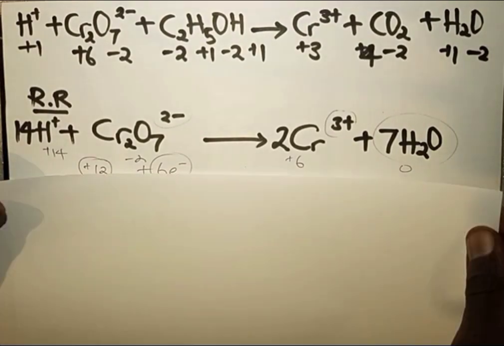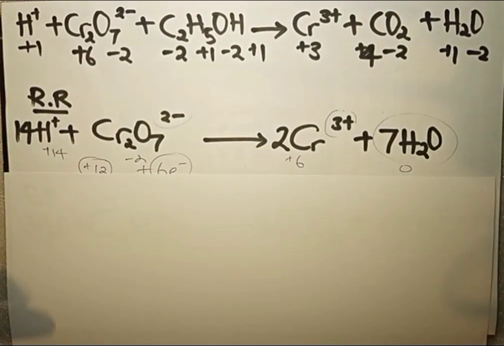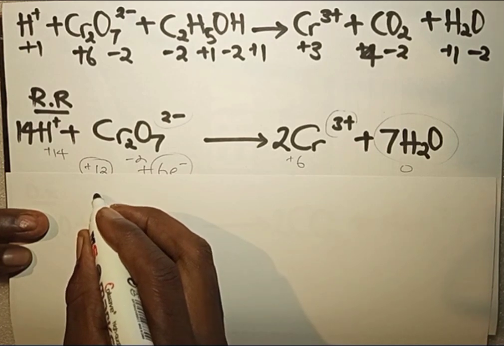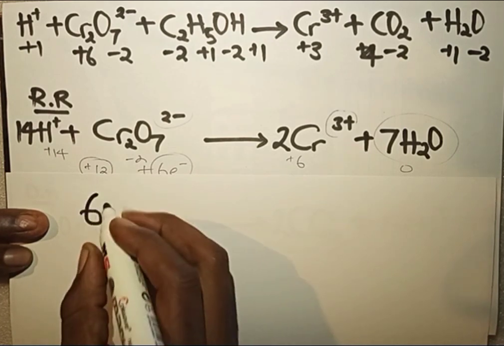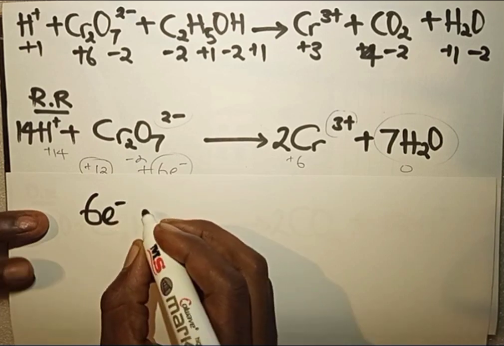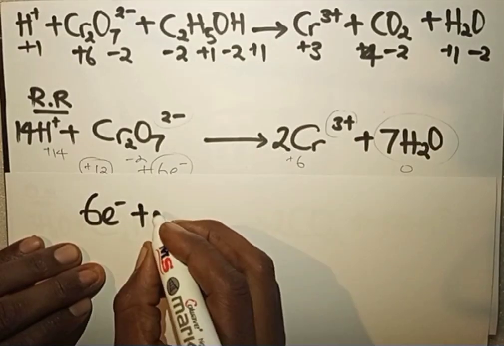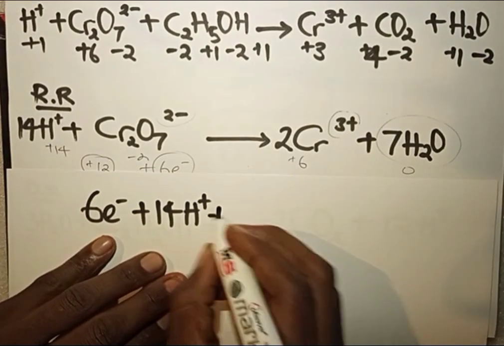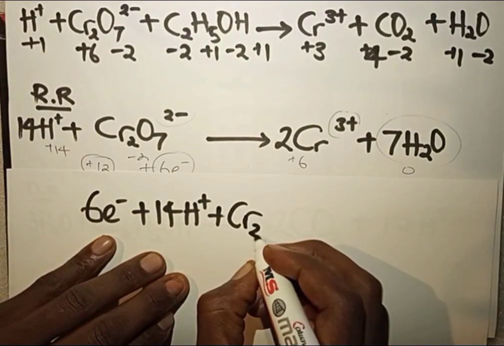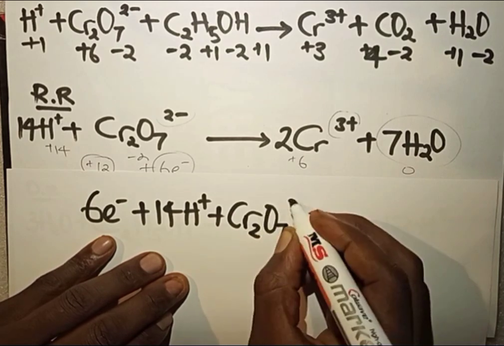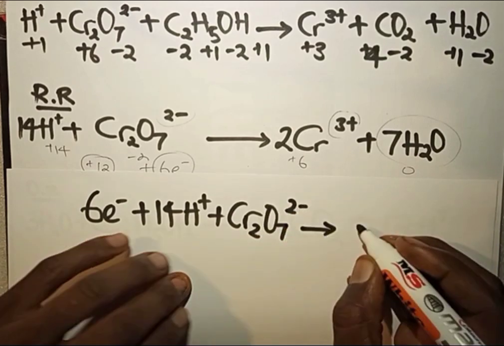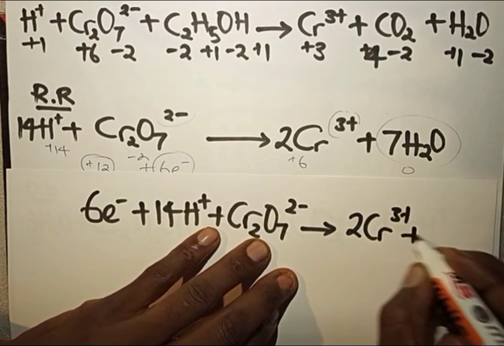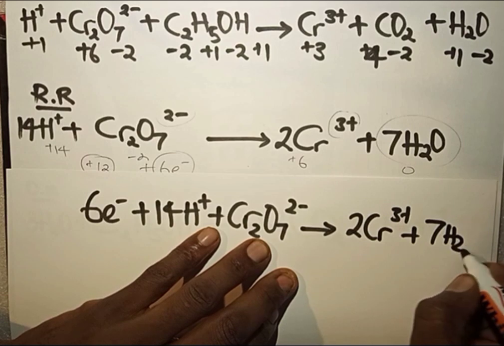Therefore, what are we going to do? To balance this one, you're going to add 6 electrons plus 14 hydrogen ions plus this that we have, which will give us 2 plus 7 water.